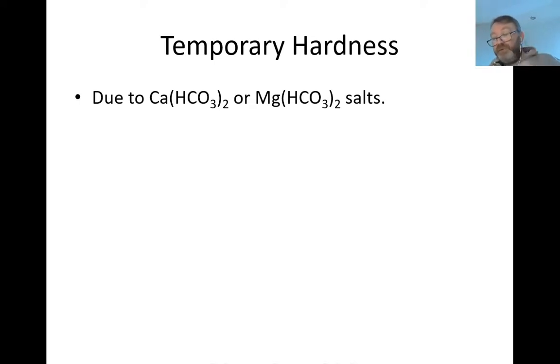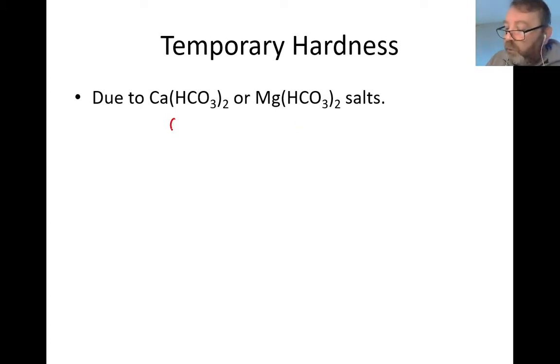Now, by boiling water containing calcium hydrogen carbonate or magnesium hydrogen carbonate, we undo what nature did in the previous step. Think what happened. Carbon dioxide and rainwater in the air formed carbonic acid. Carbonic acid fell down on the limestone region, the calcium carbonate, fused with it and formed calcium hydrogen carbonate.